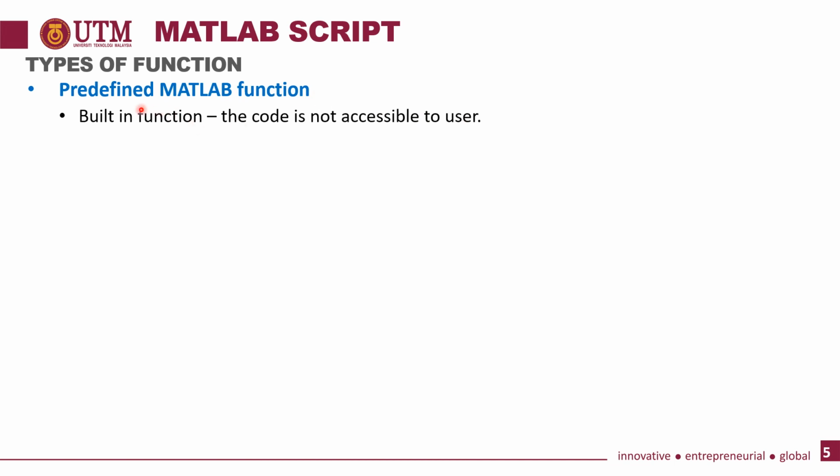So we call it a built-in function where you cannot change the codes. And also we have the Mfile function, where the code is accessible to the user. So you can see what the code does inside the Mfile function. But both of these functions have been predefined by MATLAB. Later on I will show you some examples of predefined MATLAB functions.